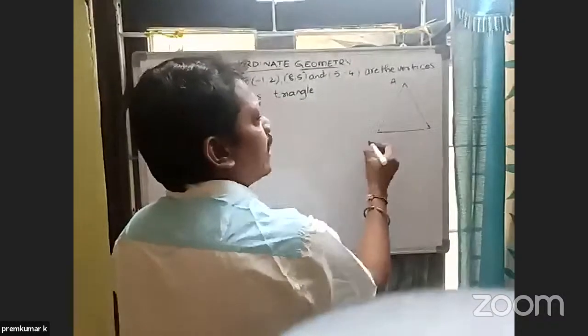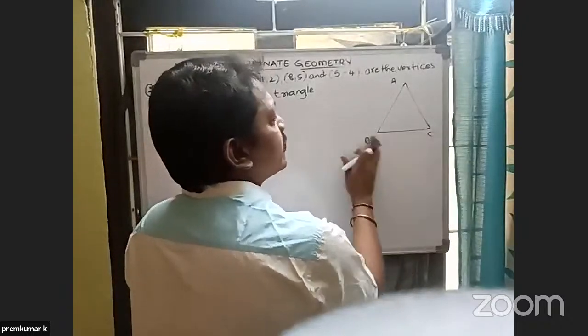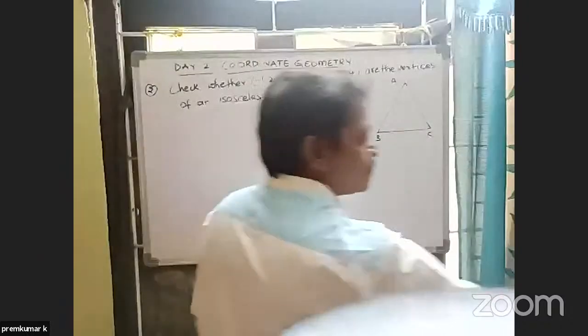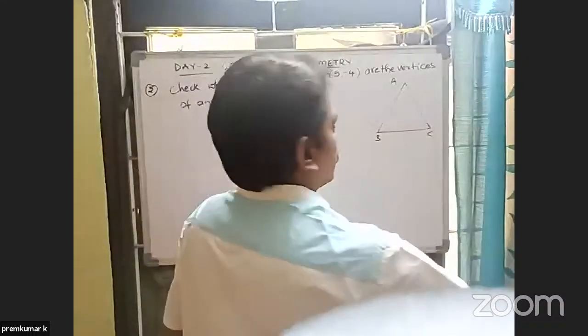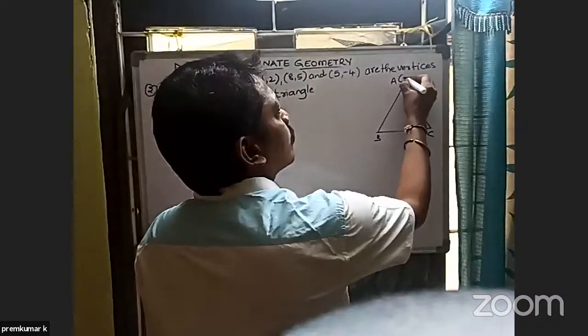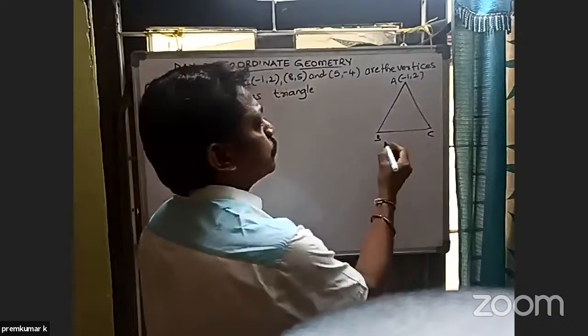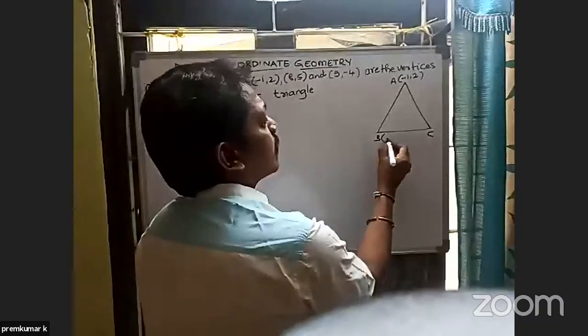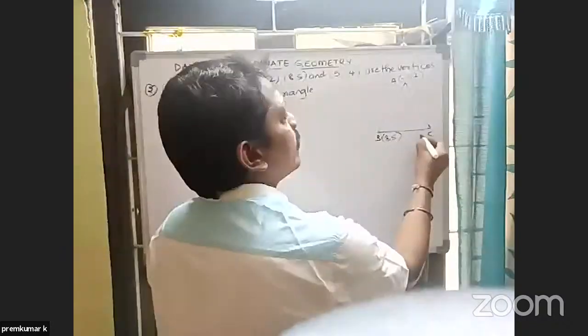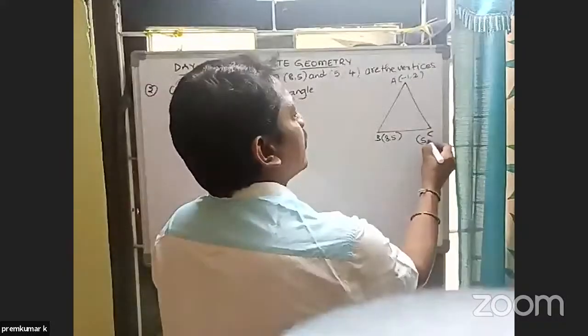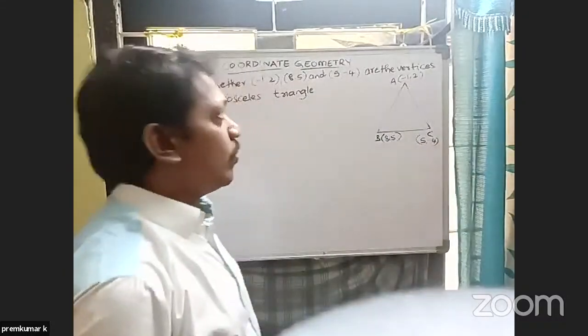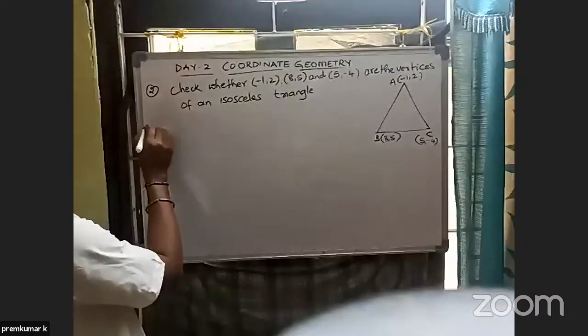Now this is A, B, C. The points of A are -1, 2. B are 8, 5. C, 5, -4. What do we have to check?